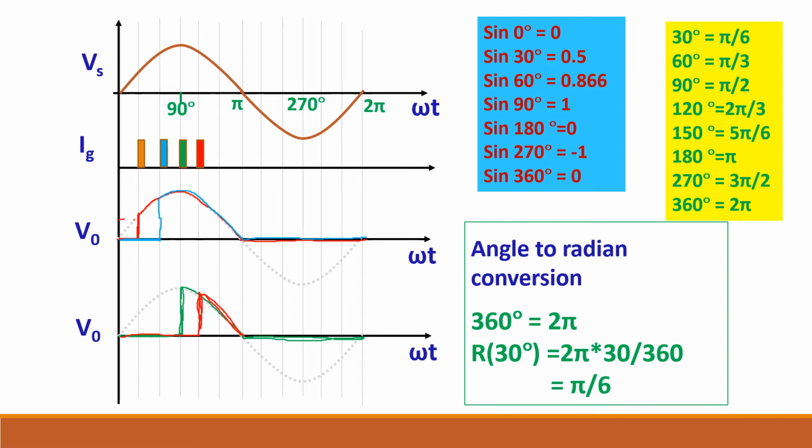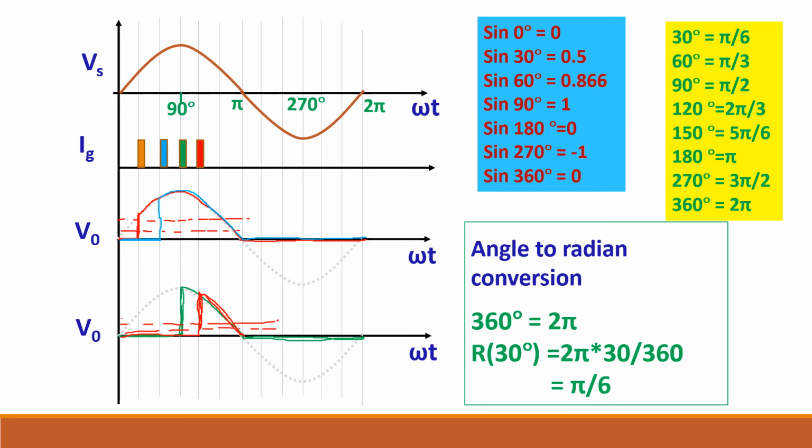be somewhere here. But if I find the average value for this blue color waveform, it will be somewhere down. Okay. The same thing, if I find the average value for green color, it may be somewhere here. For red color, it will be a very low value.